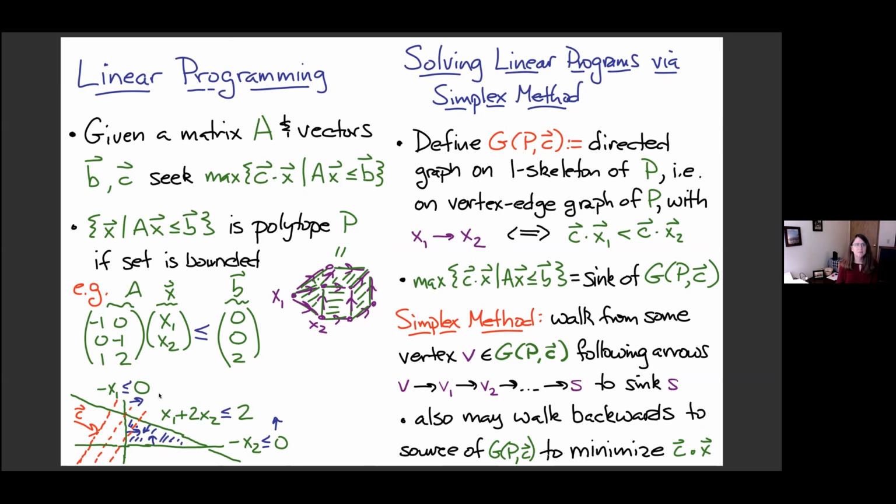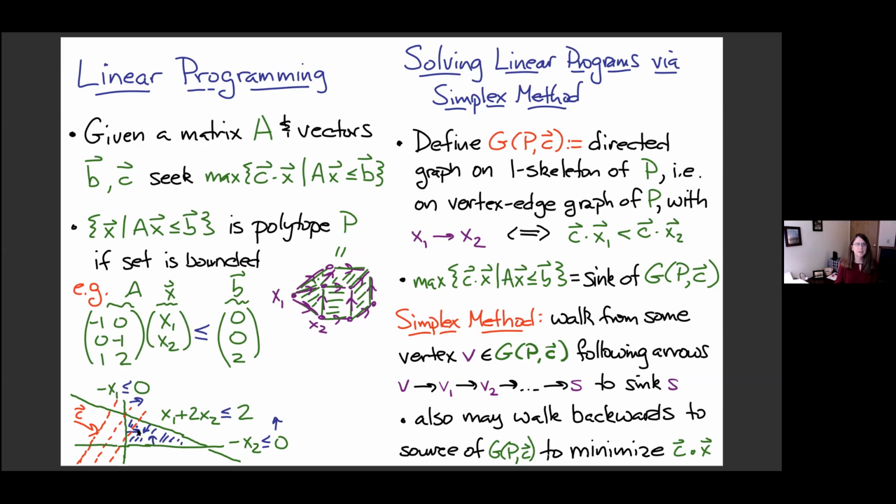First of all, the set of valid X where we have this less than or equal will be where negative x1 is less than or equal to 0, so x1 is greater than or equal to 0. Right over here, this is x1 equals 0.